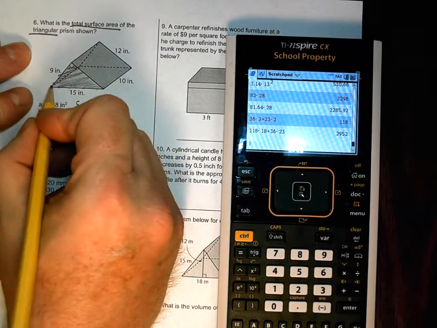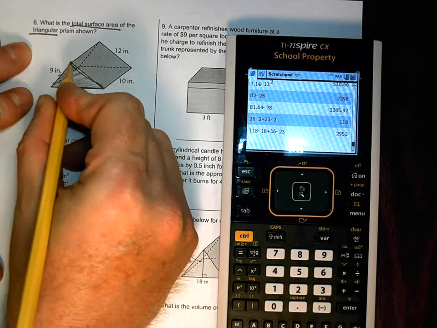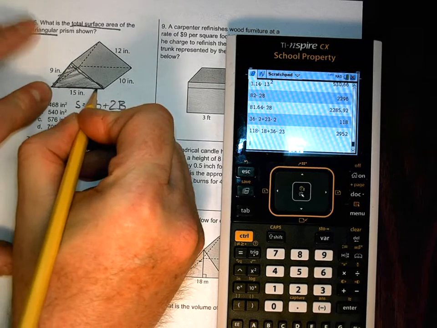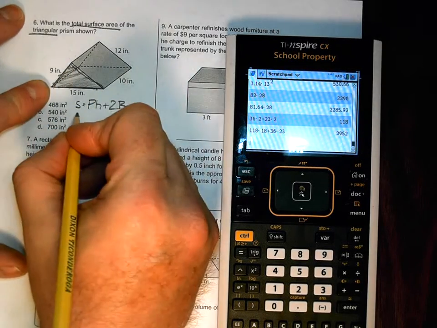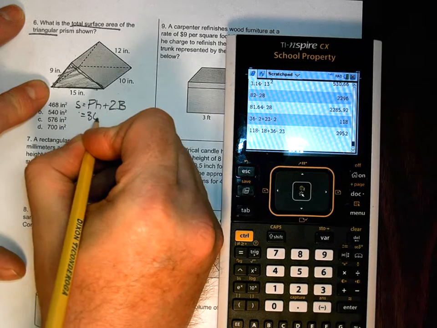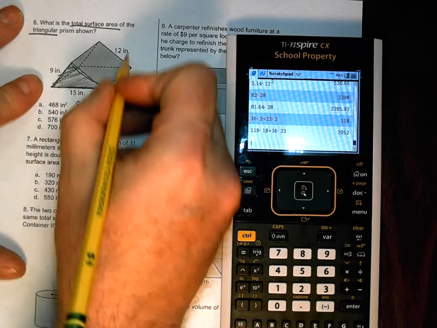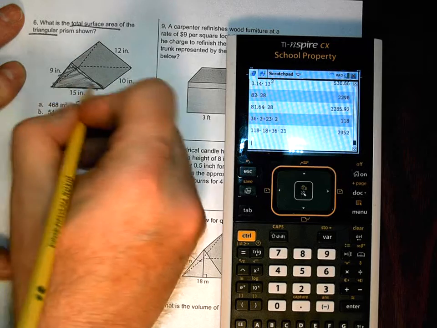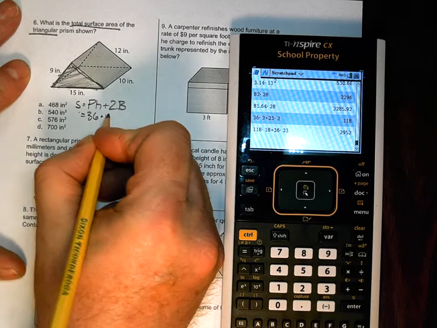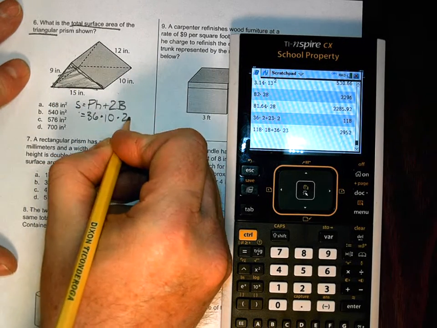Well, perimeter, we're walking around this triangle. So 9 plus 15, that's 24, plus 12 is 36, times the height, and we're talking height of the prism, not height of the triangle now. Height of the prism is 10, plus 2 times the area of a base.